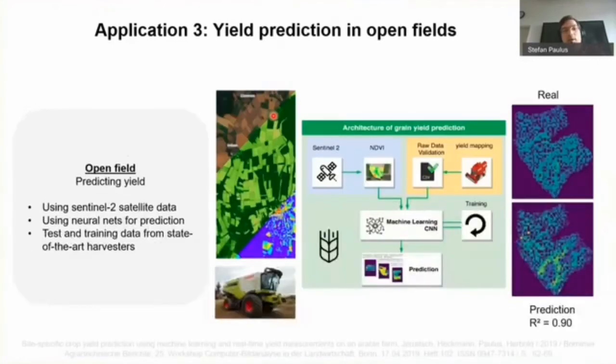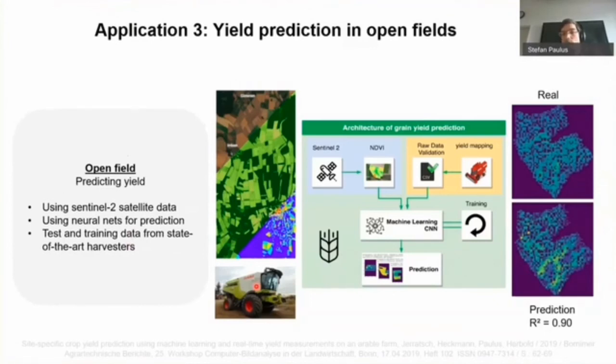Okay, the third application is the prediction of yield in open fields. Here we used the Sentinel-2 satellite data, and especially the NDVI coming from the satellite. And we combined it with neural nets for prediction. And then our target variable was the yield that was measured by a state-of-the-art harvester in the field.